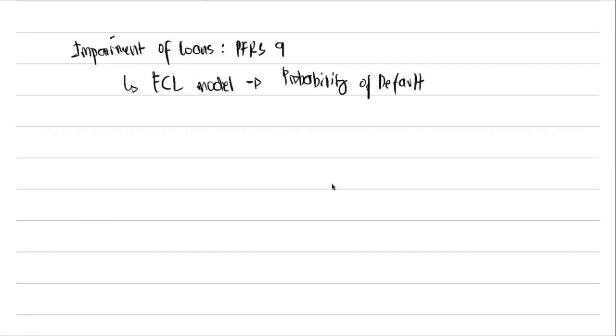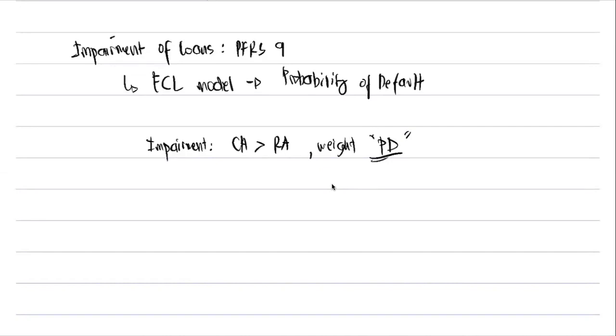So how do we compute for your impairment of loans under PFRS 9? Still, there is a significance of impairment if the carrying amount is greater than recoverable amount. However, in PFRS 9, we weight it using a probability of default. So how do we compute here?